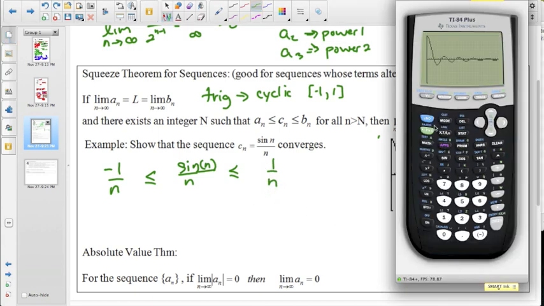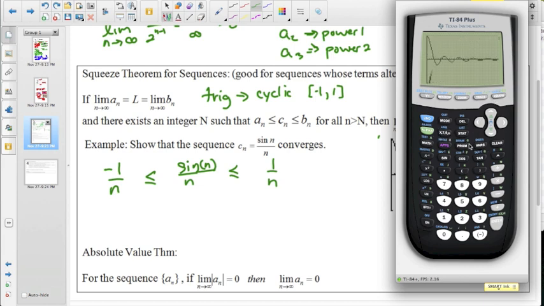And if we do that, we will graph -1 over x, and let's make that a thicker line, and we'll make this a thicker line as well, and then we're going to graph 1 over x, 1 divided by x.